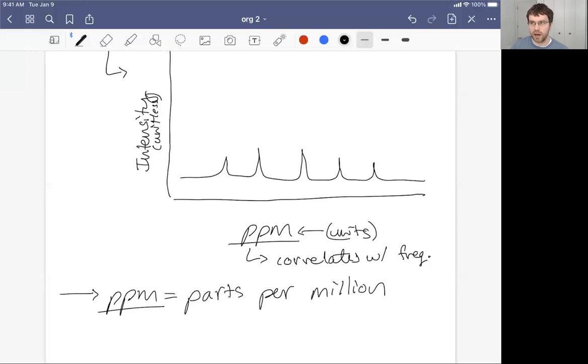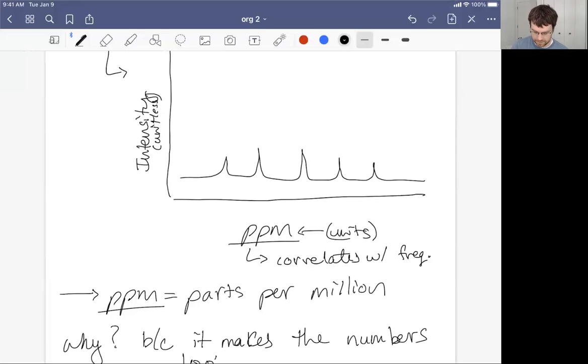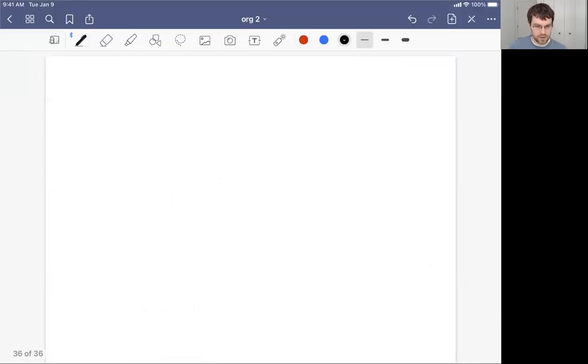So again, our x-axis label is actually a unit. Now, why? Well, just to be frank, because it makes the numbers look better. A lot of visualizing data is choosing appropriate units for things so that the data can be readily disseminated by our human minds.